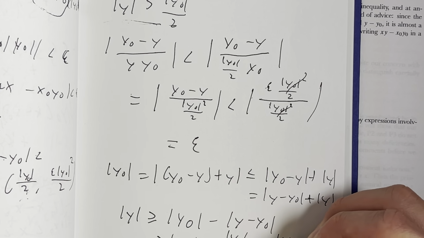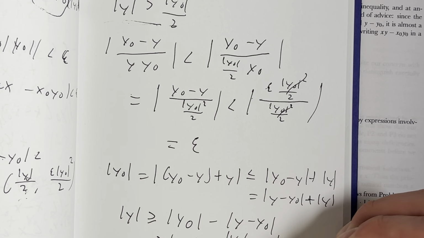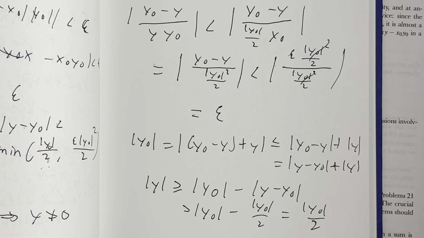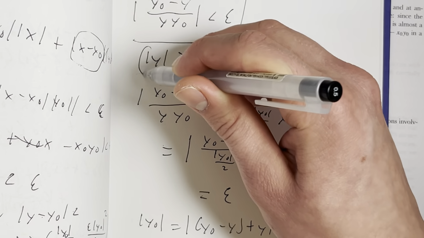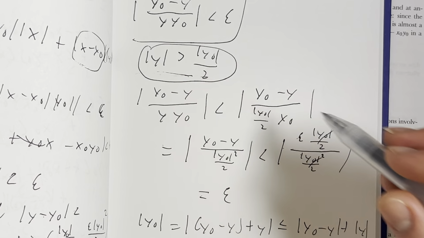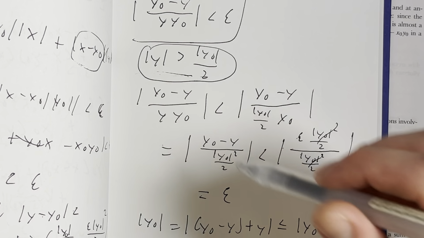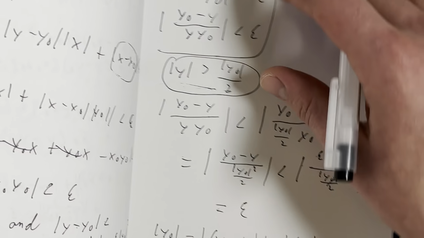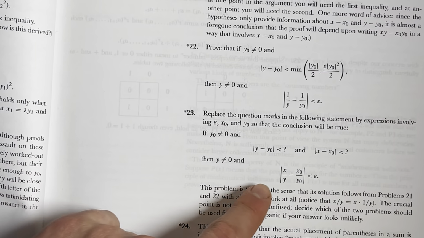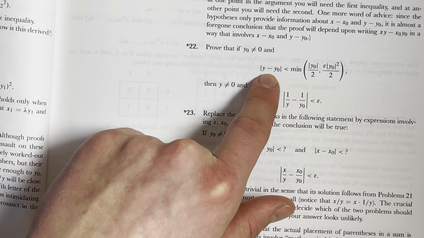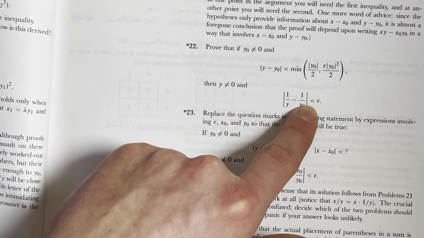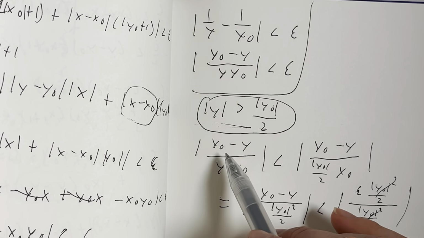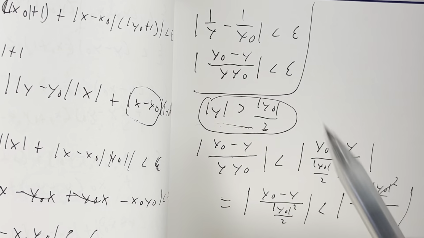And this is equal to the absolute value of y0 over 2. And thus, because we've proven this, and because this fact implies this, we have proven the whole thing, namely that given this, we have this.